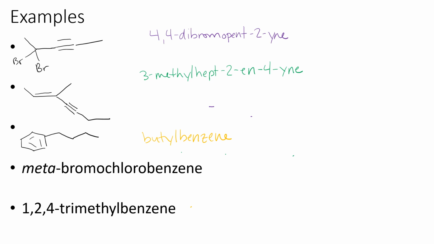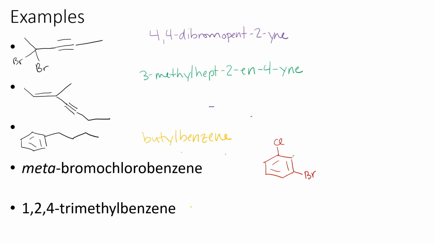To draw meta-bromochlorobenzene, first I have to draw my benzene ring. That becomes my parent. And then I have a chloro and a bromo group, and they need to be in the meta position. So remember, that is our 1,3 position. So I would put a bromine and a chlorine, and again, they would have that 1,3 relationship with each other.